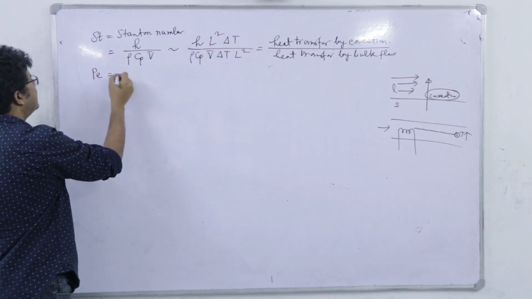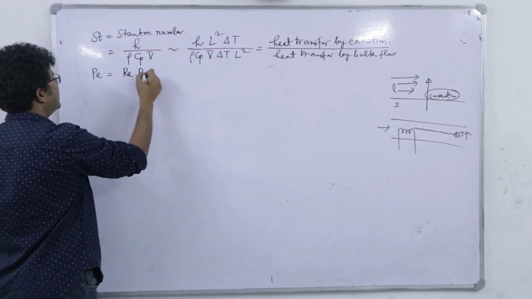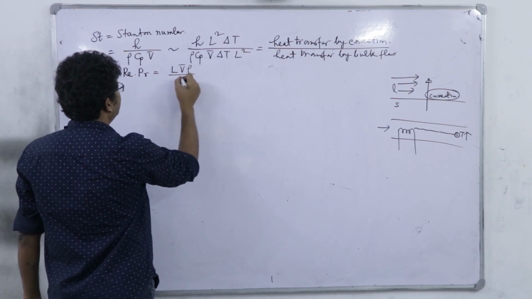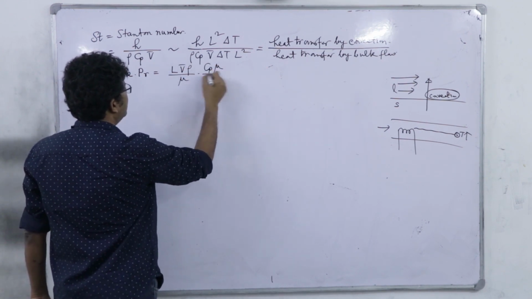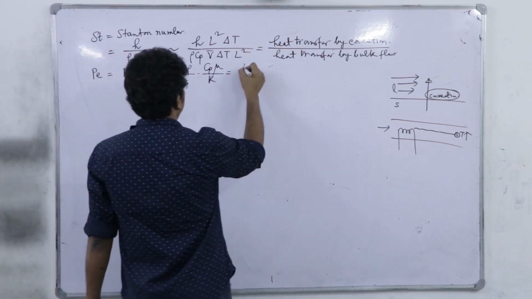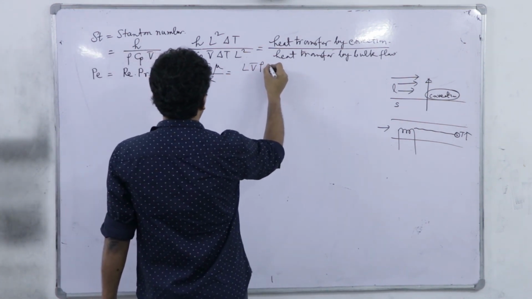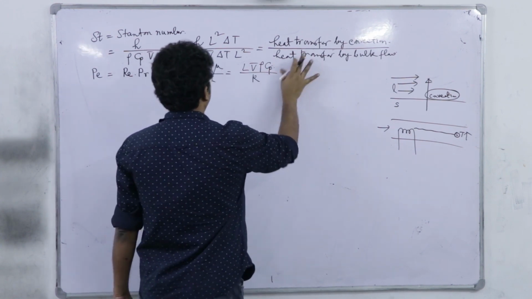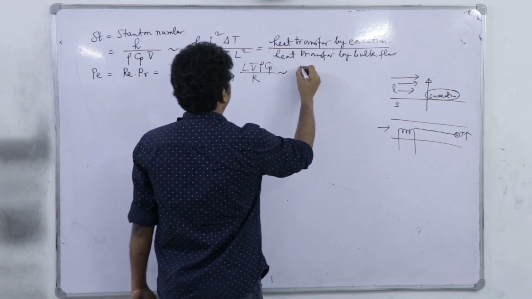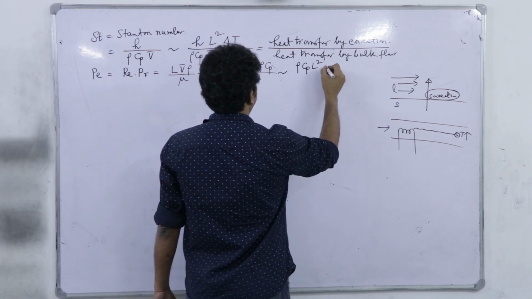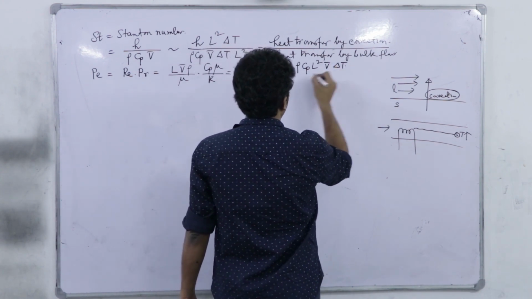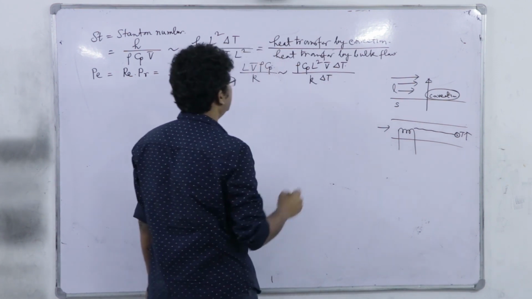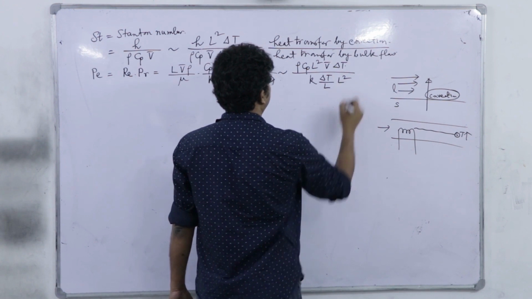The Peclet number is Reynolds number into Prandtl number. So what it gives? L V bar rho by mu, into Cp mu by k. So, L V bar rho Cp divided by k. And further from here we can write that this is rho Cp L square V bar into delta T divided by k into delta T into L, that is L by L square.